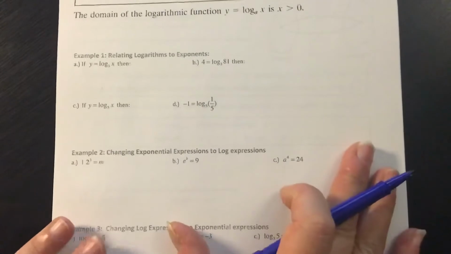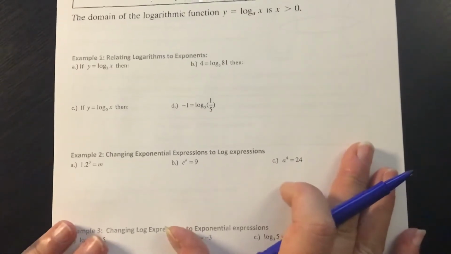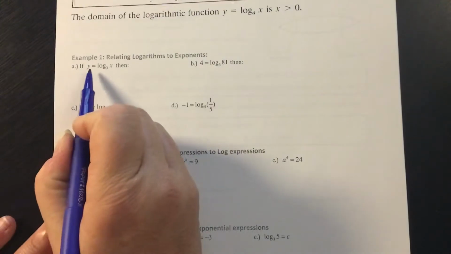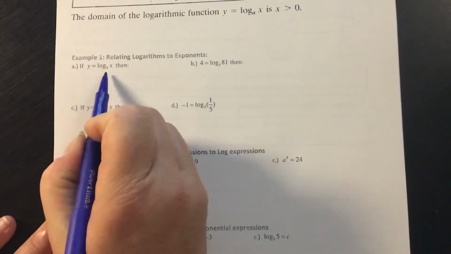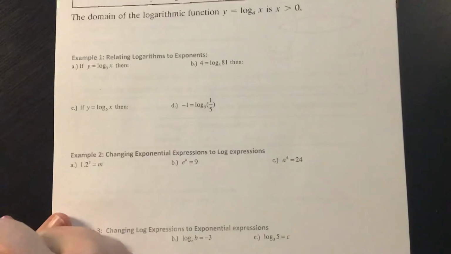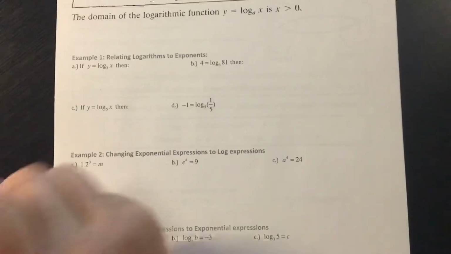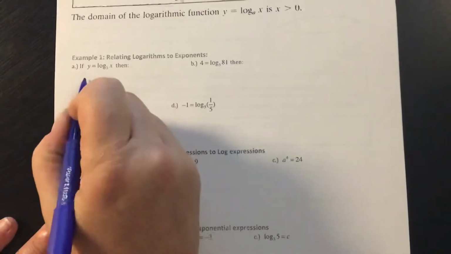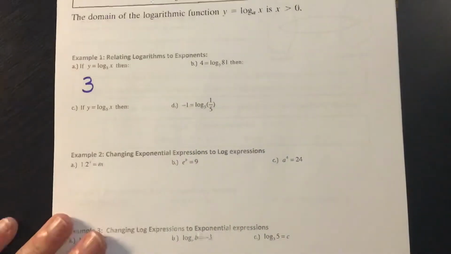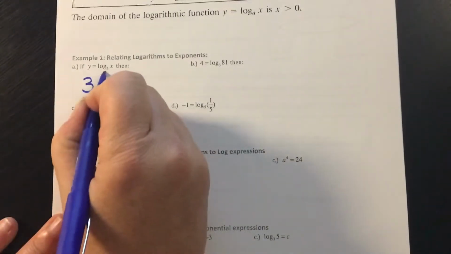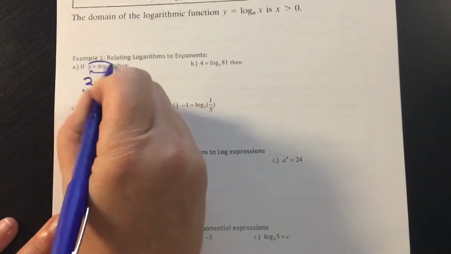So looking at our first example with exponential sentences, it says y equals log base 3 of x. We're going to write this as an exponential sentence. The base of the log is going to be the base of the exponential equation, and I kind of work in a circle, backwards and around.